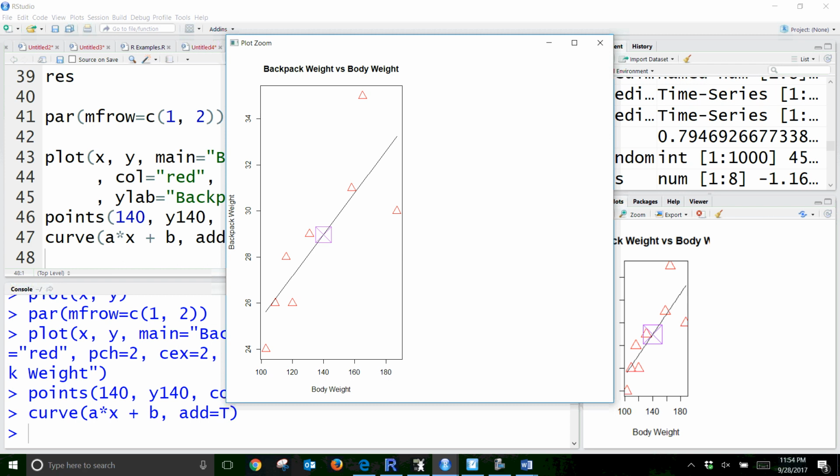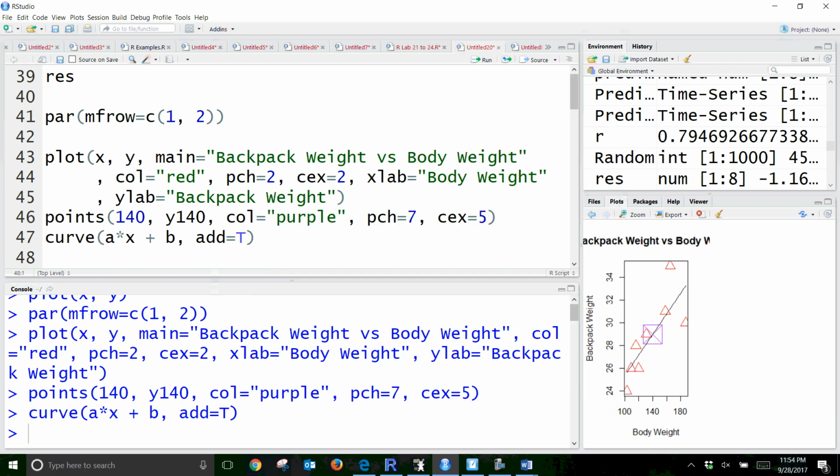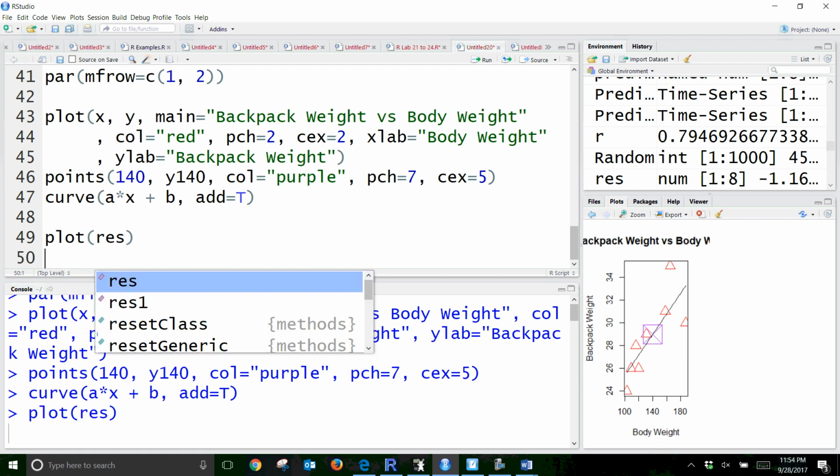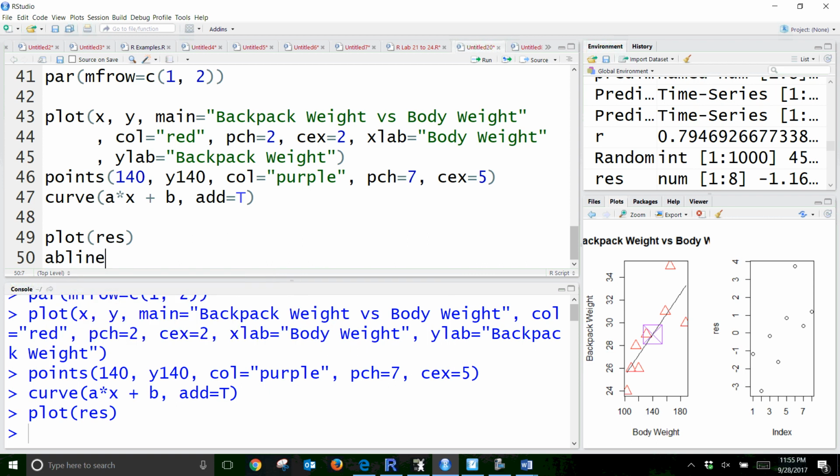All right, the next thing we want to do is go ahead and plot the residuals. So to do that, we won't get fancy with it. We'll just do plot res. Okay, so you see your residuals. And then we want to add the horizontal line at 0. So the abline command will again automatically add to the graph. So we'll do h equals 0.